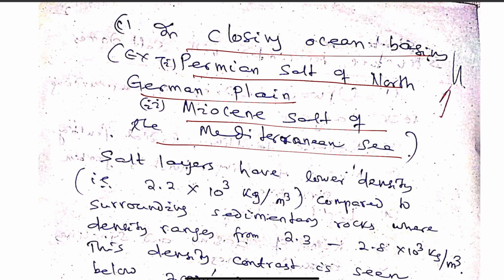So salts, which form an important component of the ocean water, are found to be deposited under conditions of evaporation in a basin where thorough circulation of water or connection with the open sea is prevented.